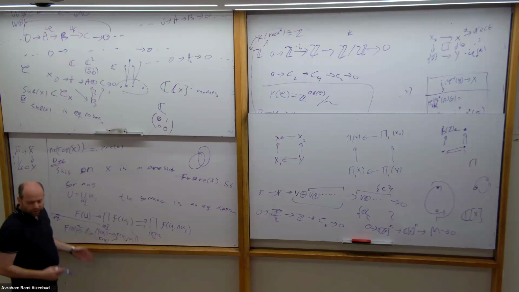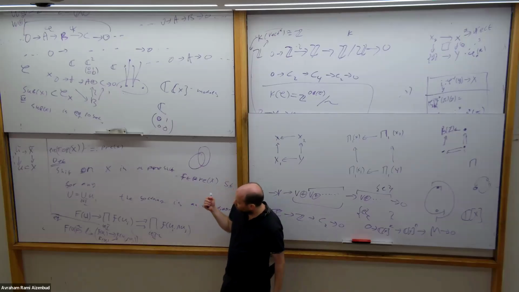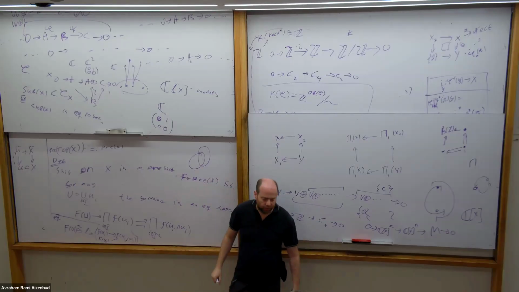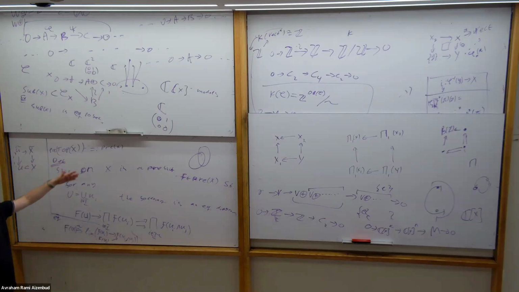So this is a categorical extension of the notion of sheaf, and we just defined it for sheaves of sets, but now you can replace the word set with any category C. A sheaf of objects in C is a presheaf of objects in C, so a functor to C, such that you have this condition.